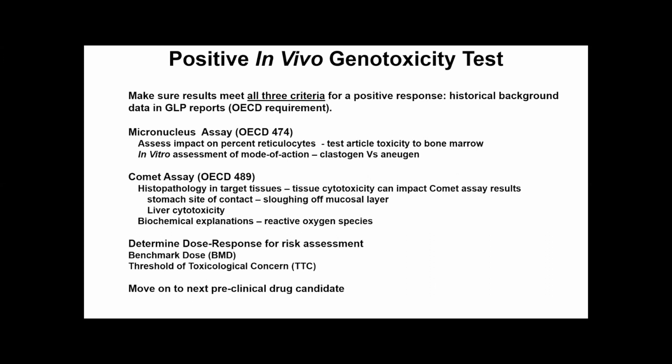If you have a positive in vivo genotoxicity test, you want to make sure that it meets all three requirements. You want to make sure that it exceeds historical controls. In the micronucleus assay, you look at percent reticulocytes because that's a measure of toxicity. In the comet assay, you do histopathology because you might have a complication due to cytotoxicity in that tissue causing some side-effect DNA damage.